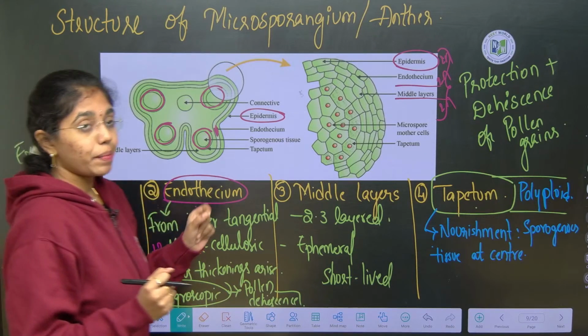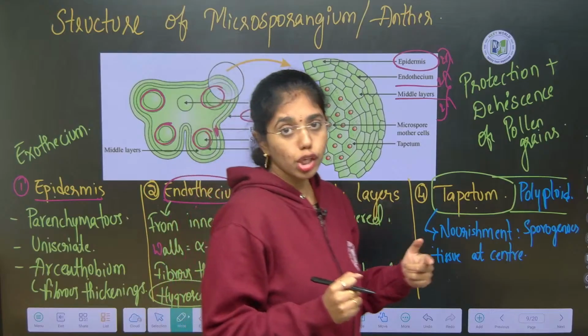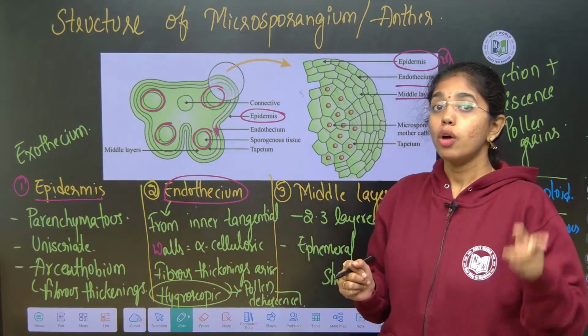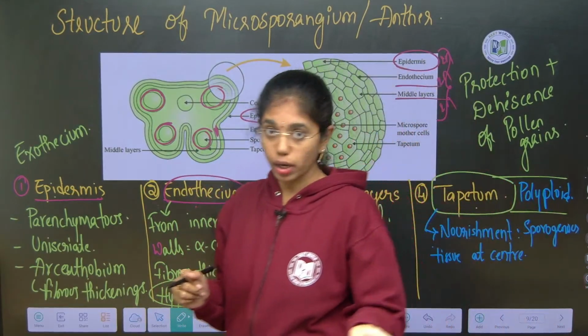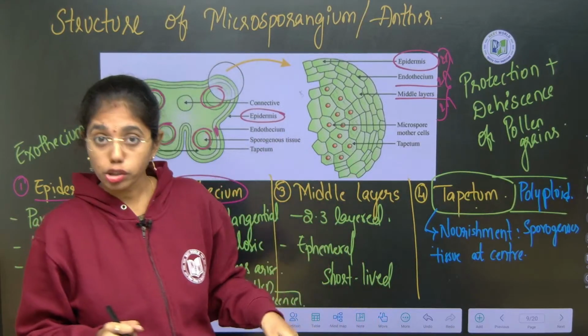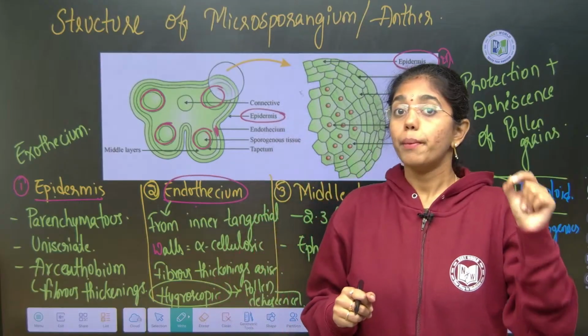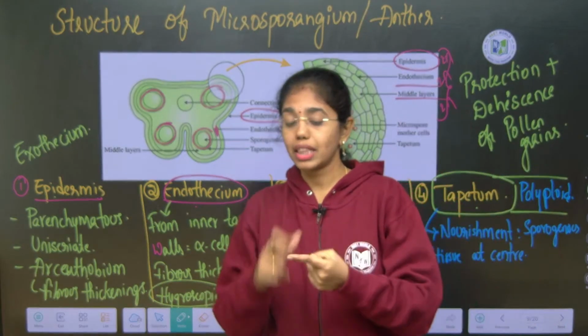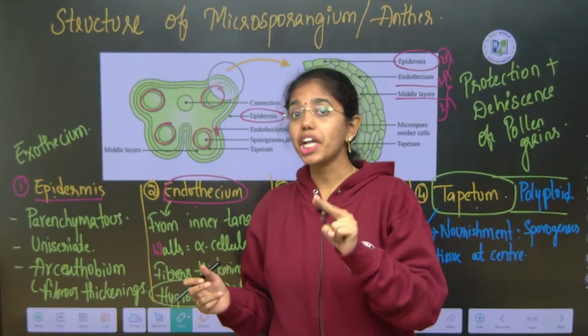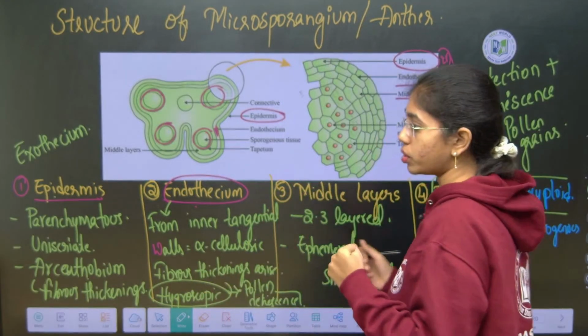Now, this tapetum will also help in the synthesis of sporopollenin, which is the outer wall layer of pollen grains. Tapetum will also produce Ubisch bodies. These Ubisch bodies serve mainly for the synthesis of sporopollenin and nourishment to the microspores. Clear, right?